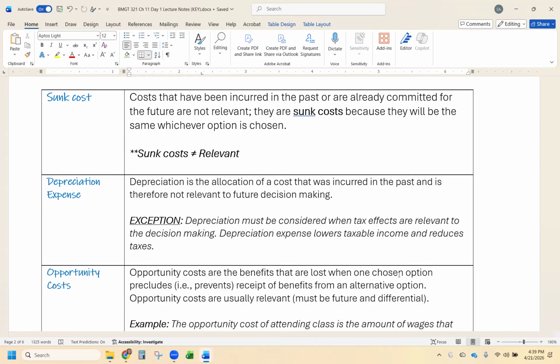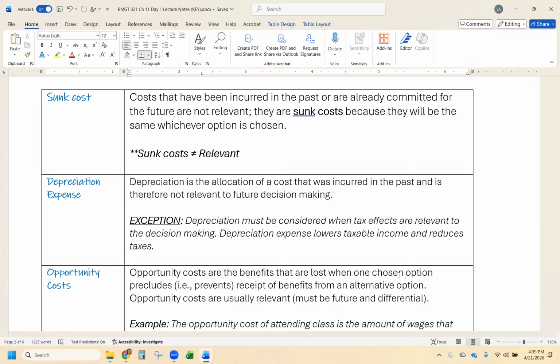So the more depreciation we have coming up in a project, it's not the depreciation itself that matters, but it's the money we save on our taxes because of it. So it's the tax benefit from the depreciation that actually matters in the future, but not the money we already spent in the past to buy the asset itself. But we do save money on taxes when we have depreciation in the future.